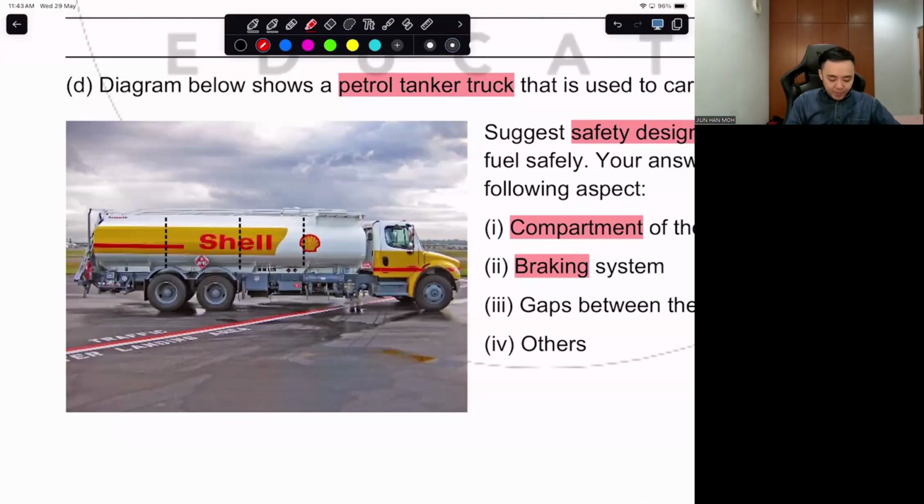Now, here's the thing, you probably will argue with me. For those who are very into trucks, you really like trucks, you study trucks, you know the real life truck, they don't use ABS brakes. The normal truck, they use air brakes. Have you heard a sound like that before?